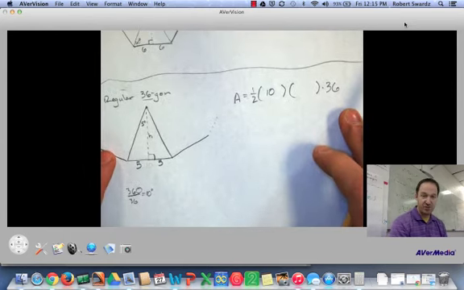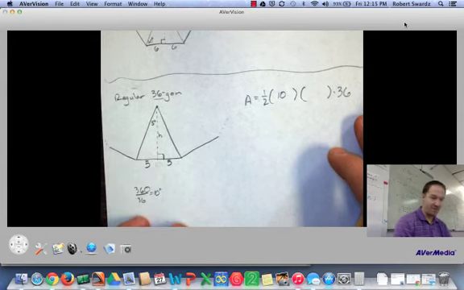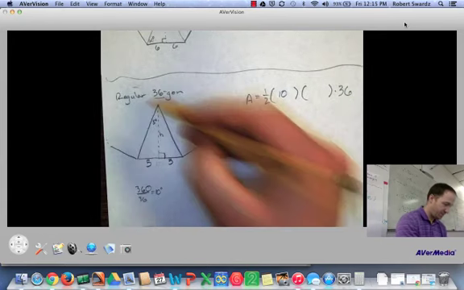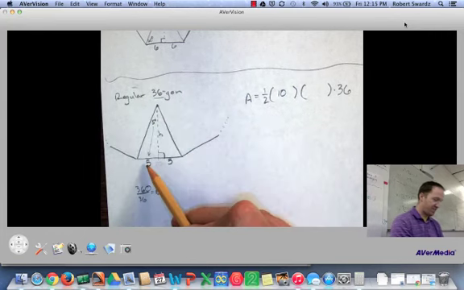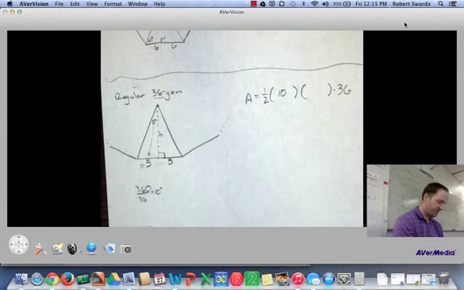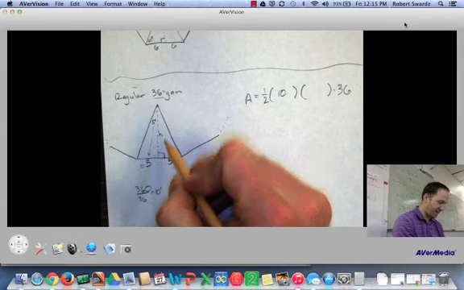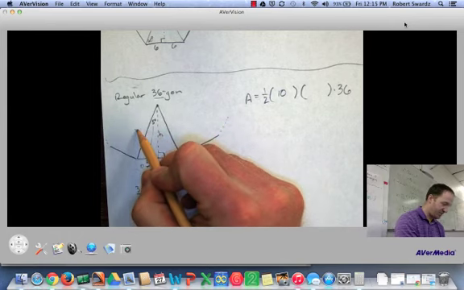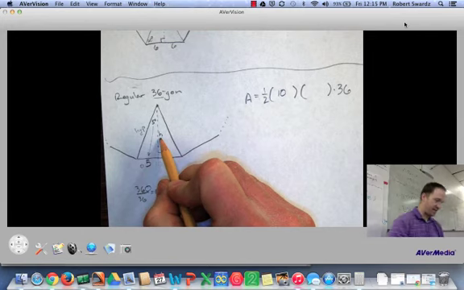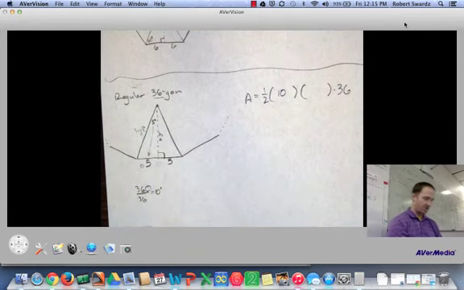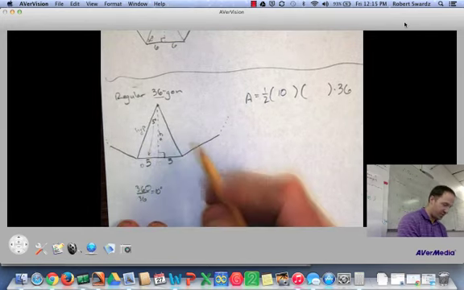But here we're going to have to use SOHCAHTOA to find the height of that triangle. Now, opposite the 5 degrees is this side, so that's the opposite. Well, I called that the height, but the hypotenuse is there, so that makes this the adjacent side. That's the one we're looking for. So opposite and adjacent means we use tangent.